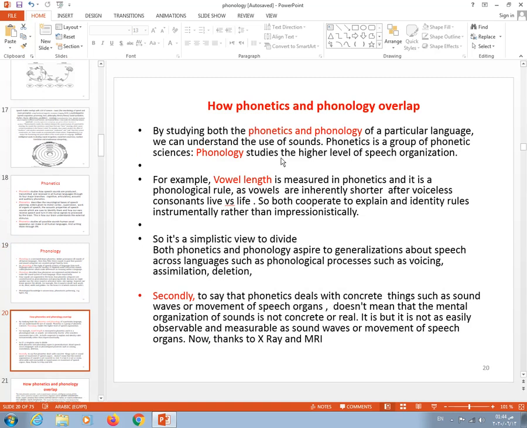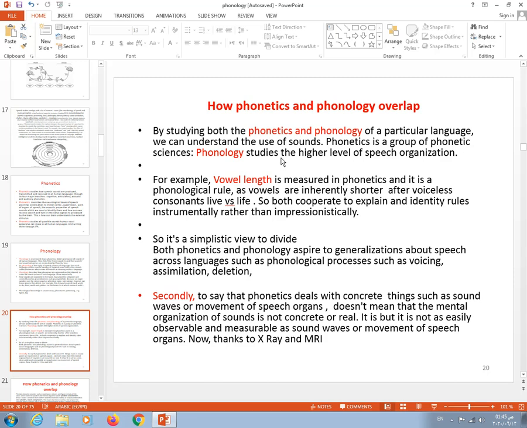By studying both phonetics and phonology of a particular language, we can understand the use of sounds. Phonetics is a group of phonetic sciences, and phonology studies the higher level of speech organization. Number two, for example, vowel length is measured in phonetics, and it is a phonological rule because vowels are inherently shorter before voiceless consonants, and vice versa.